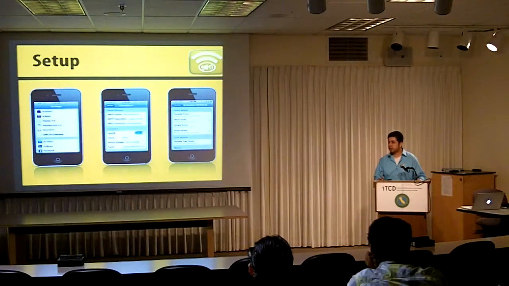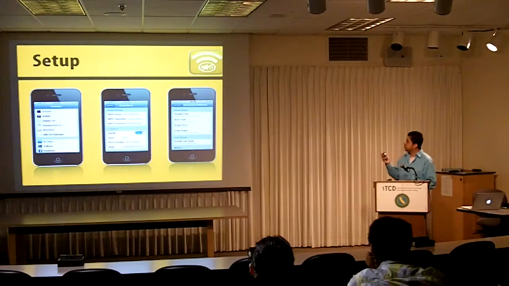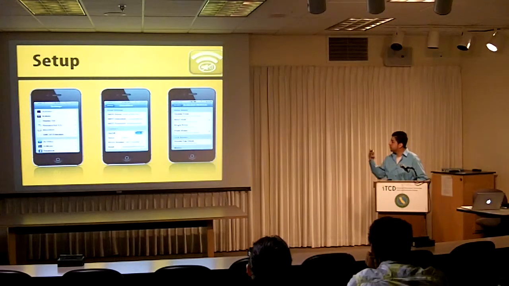So the setup for the application: first you go to settings on your iPhone, you scroll down to SilentAlert, and then if you want to send your text message via email, you have to put in your email settings. You have a location where you can put your contact, the phone number of the user, and the email.